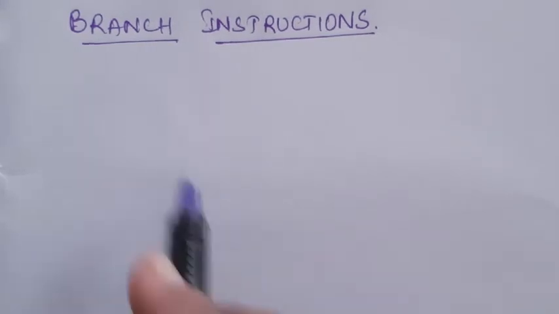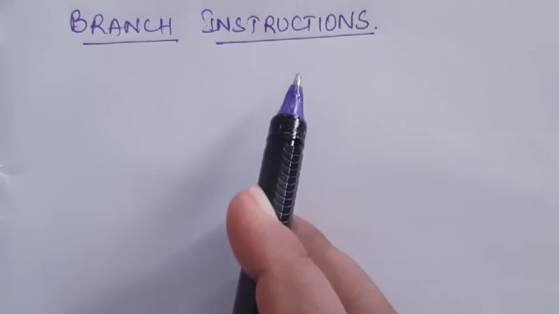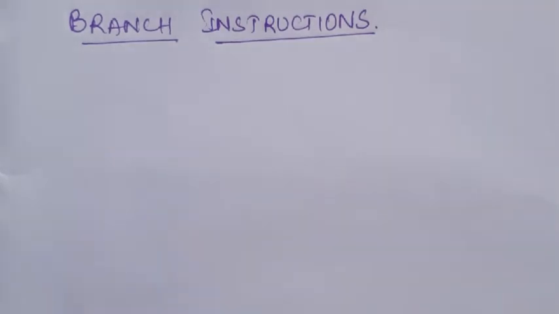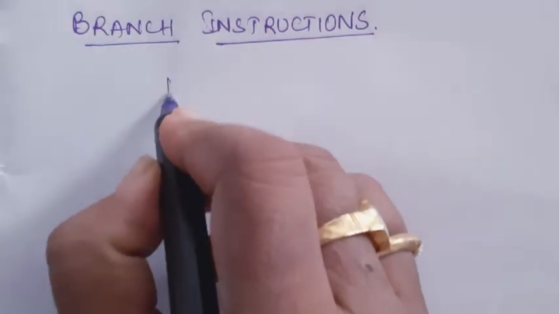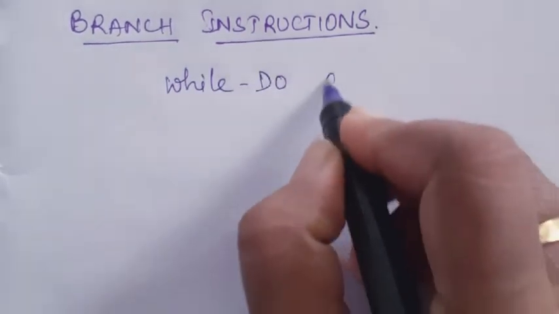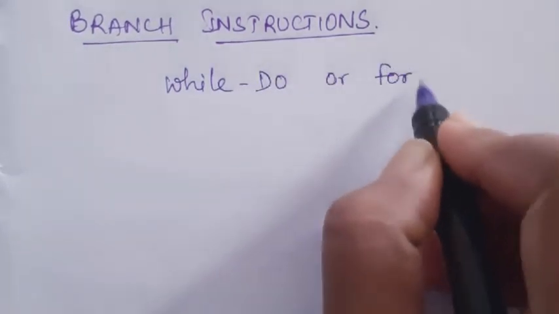Let's see some more branch instructions. In programming, many times we may require that a sequence of instructions be repeatedly executed a certain number of times. Such programming structures we write with the help of while, do, or for structures.